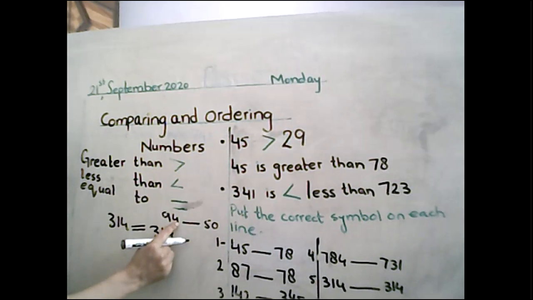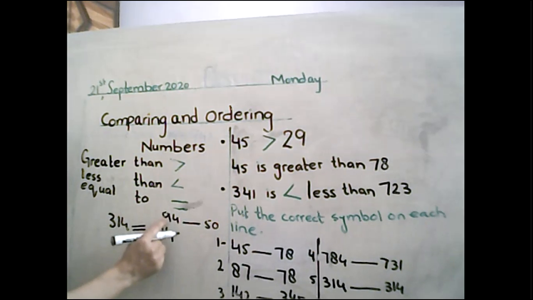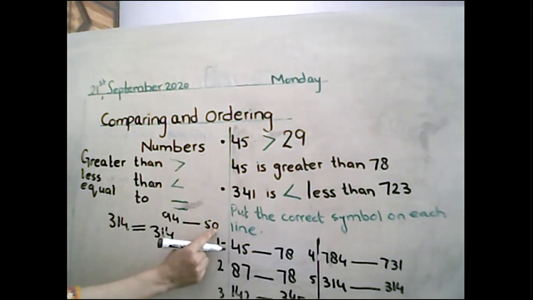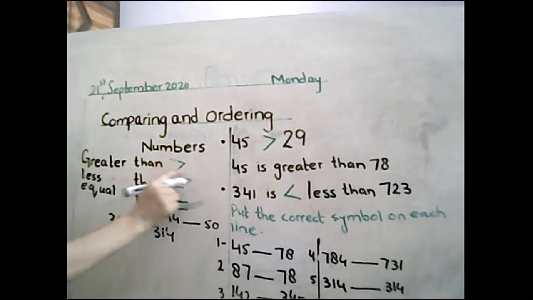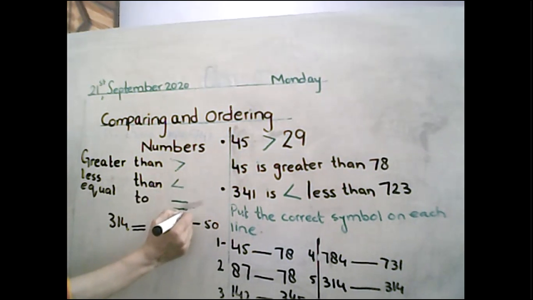This is 4 ones and 9 tens, 0 ones and 5 tens. It means 94 is greater, and greater sign is this. It means 94 is greater than 50.